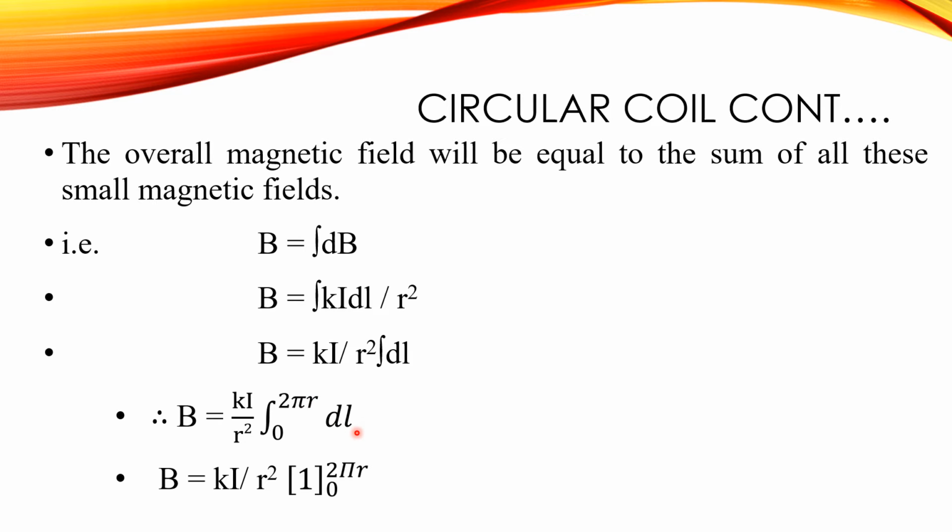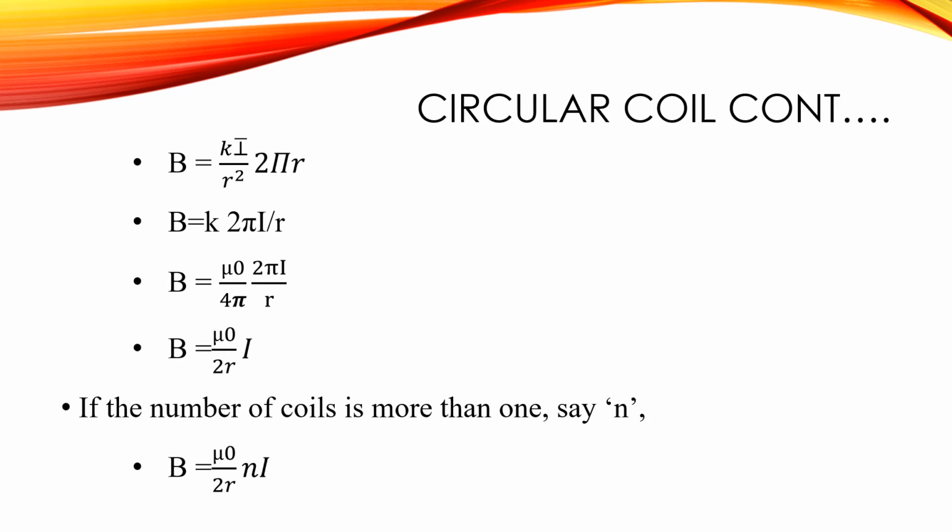When these limits are applied, with 0 as the lower limit and 2 pi r as the upper limit, the equation simplifies to B is equal to K I by r square into 2 pi r, which is B equal to K times 2 pi I by r.